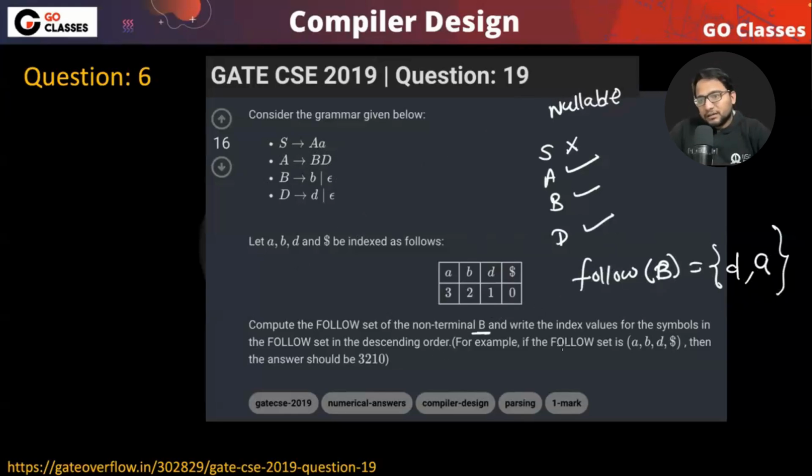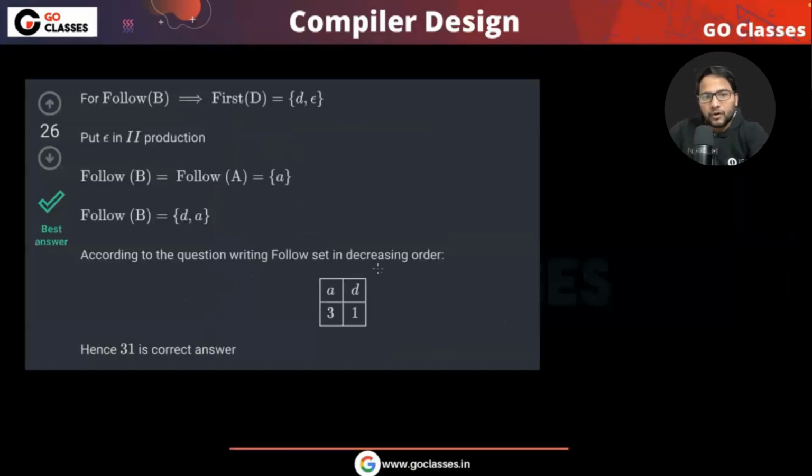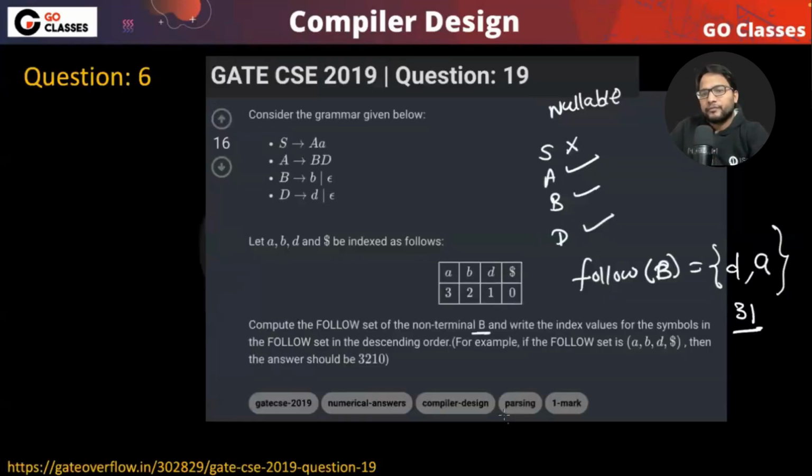Now they're saying to index your answer: D is 1 and A is 3. Arranged in decreasing order, that gives 3 and 1. So 31 is the correct answer for this question. Understood? Easy question, which has been asked very recently.